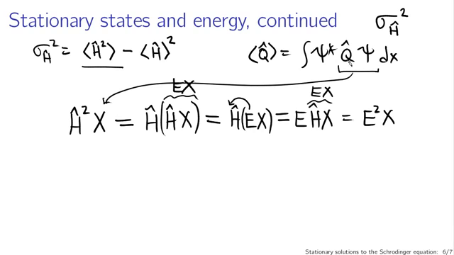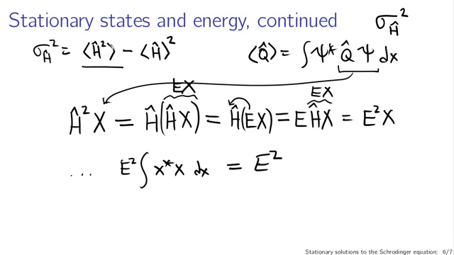Now back in the integral, this E squared, just being a constant, can be pulled out front. What we end up with is E squared times the integral of psi star psi dx. And if we've properly normalized this, that's just 1, and we end up with E squared. So this is interesting.